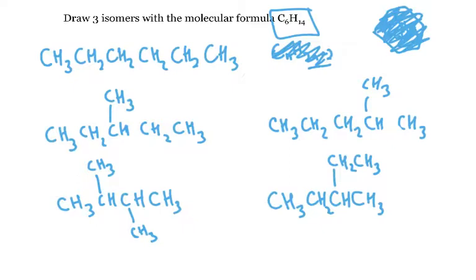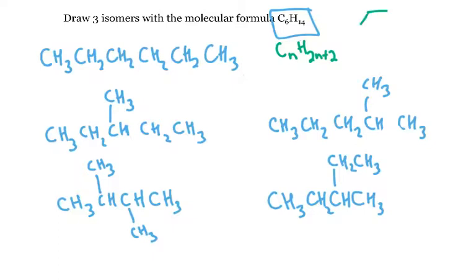The formula for a cycloalkane, I guess I'll write these again. All right, the formula here for a straight chain or branched chain alkane is CnH2n plus 2. So like C6H14 or C7H16, C8H18, and so on and so forth. For cycloalkanes and for alkenes, the formula is CnH2n.